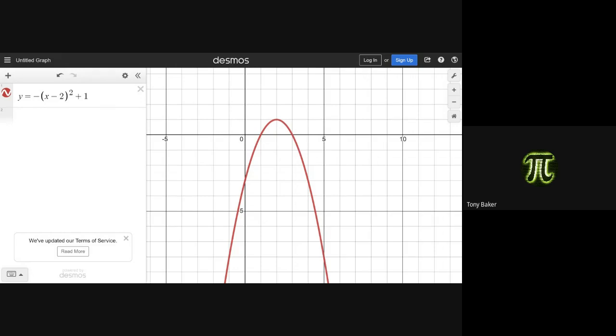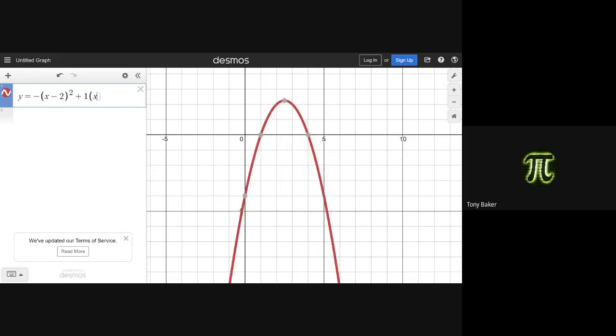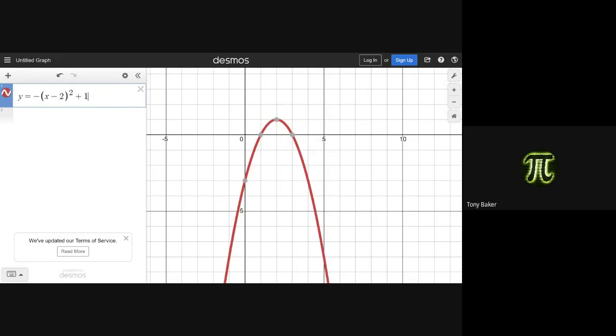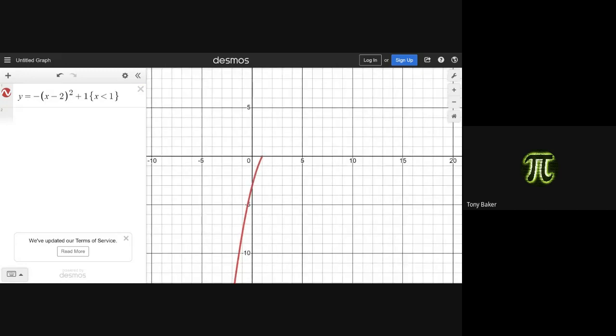Does that pass the horizontal line test? No. But if we look at it in terms of the domain restriction, now does it pass the vertical line test? Yes. That's why that domain restriction is so important. Because that domain restriction still exists when you look at it in terms of the inverse. So you have to keep that in mind.